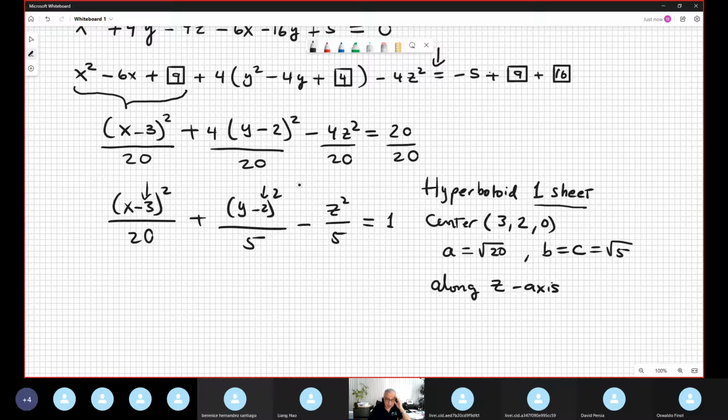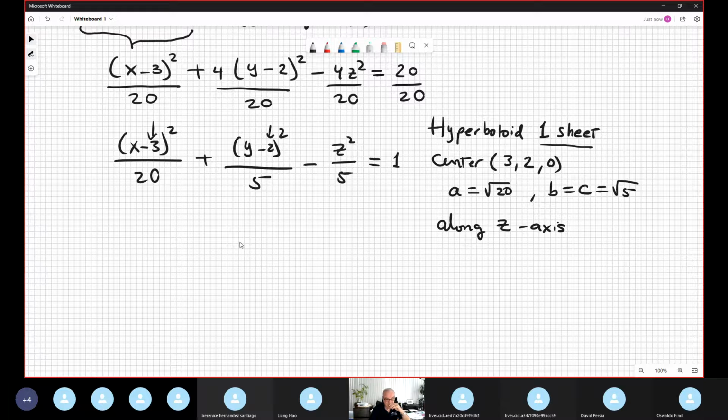Okay. Now, if you want approximately, well, this is the rectangular coordinate system in 3 dimensions. You know that the center is 3, 2, 0, approximately here: 1, 2, 3, 1, 2, here is the center.